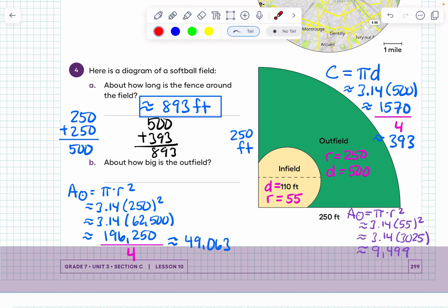And they didn't tell us to treat this as a normal circle, but we're just approximating. So we're going to treat it as one full circle. So we're going to take this quarter circle area minus the infield circle area, and we're going to get a final answer. So I have 49063 minus 9499.